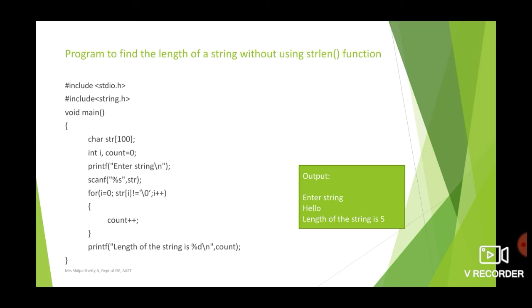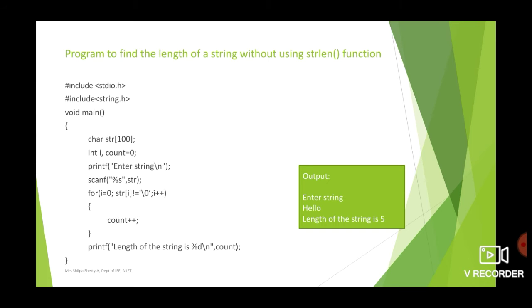So now we have to find the length of the string without using strlen. What we do is we run a for loop starting from the beginning of the string till we get the null character. We simply keep traversing from the first character of the string till the last character, and each time we get a character we increment the count. That is, if the input string is hello, we will start with the first character.